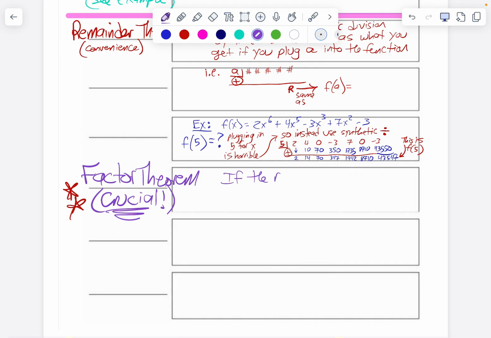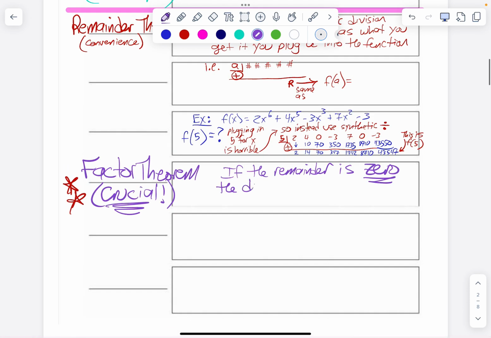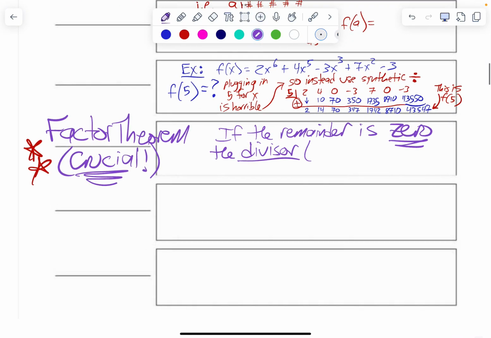If the remainder, we're going to write the most basic version of this, is 0, the divisor. You guys clear on what I mean by a divisor?